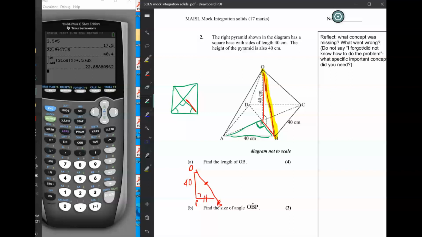So the hypotenuse is 40, and you know that this side and this side are both the same length. Let's say that it's x, okay? So we can figure out the length of x using SOHCAHTOA, for example.